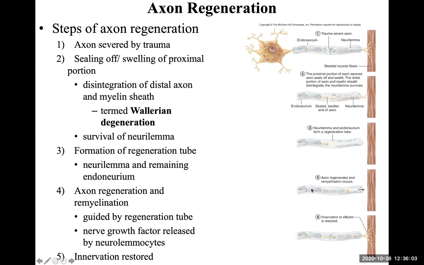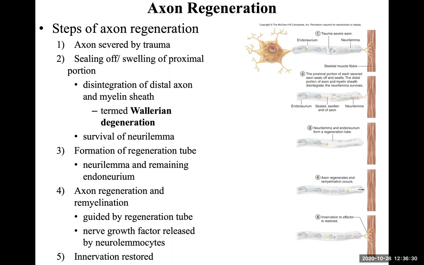And then you just get essentially a regrowth of the axon through the regeneration tube. And then you get the neurolemma reestablished in the area that's grown. You can see this swollen portion, this kind of knobby area right here that's growing out. This happens under the influence of various growth factors that are released by the Schwann cells.